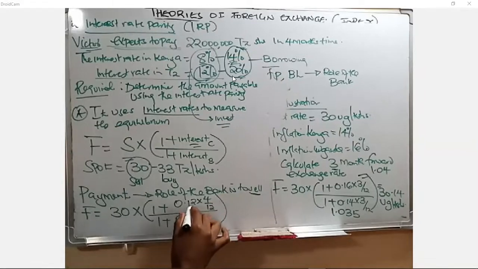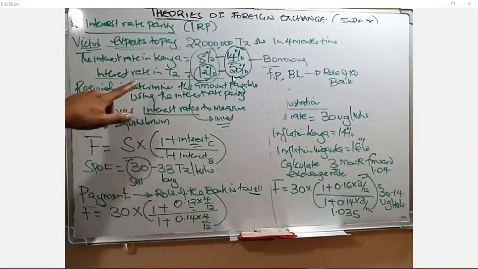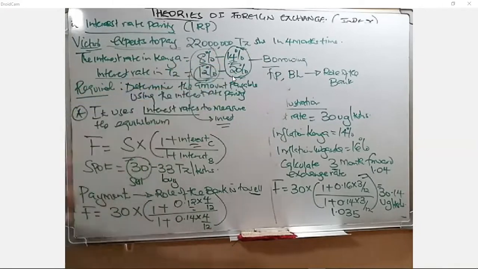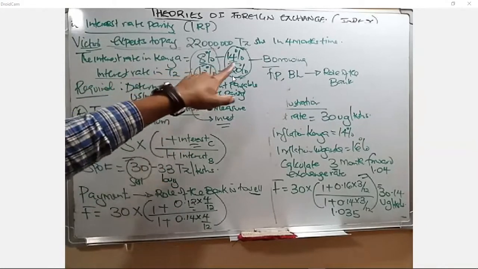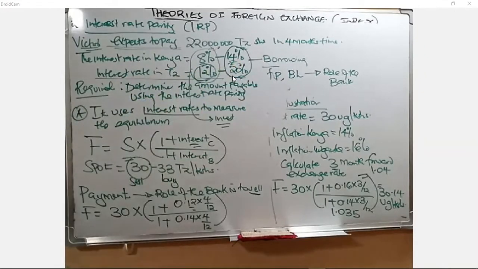And here we said we put the home currency, the weak one. Tanzania may one day be stronger than Kenya, unless we stop working. But we know very well in Tanzania we are going to invest. In Kenya, we borrow. So how much is this? So in this case, the first one will be 1.04, if I'm not wrong.